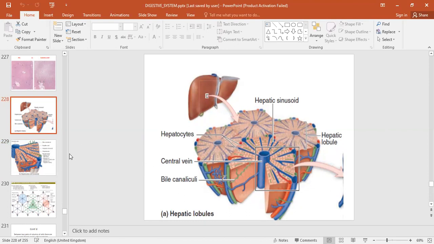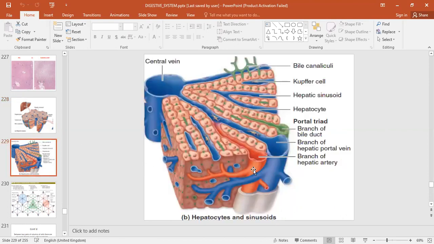This is central vein, portal triad is here, there, there, there. So what it means is cells that are closer to the hepatic artery, these cells here, all that area, will receive the highest concentration of oxygen. Cells in the middle will receive minimal amount of oxygen. Cells that are closer to the central vein, because they are now far away from the artery, receive the least concentration of oxygen.